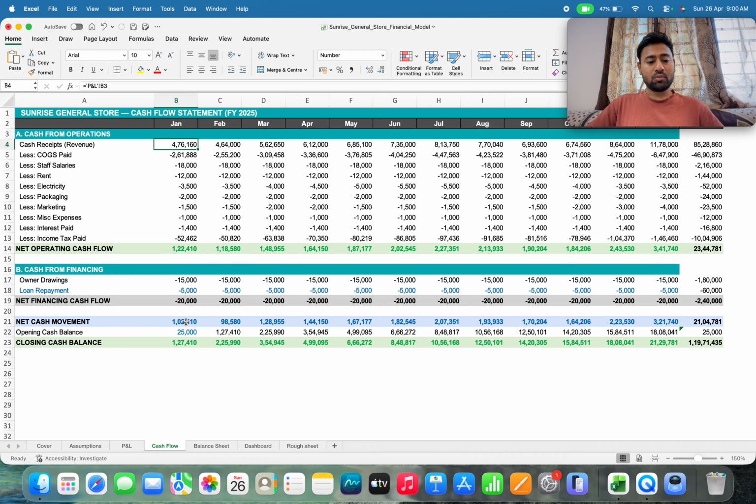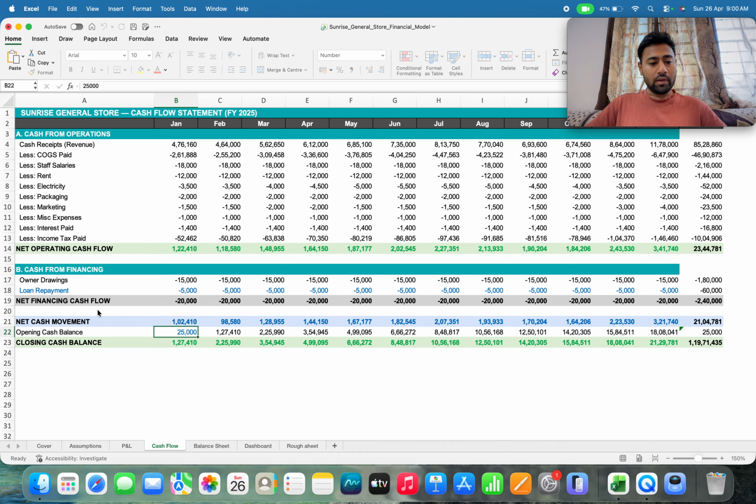Net cash movement, we have this much amount, after adding net operating cash flows and net financial cash flows. So we get the net cash movement.